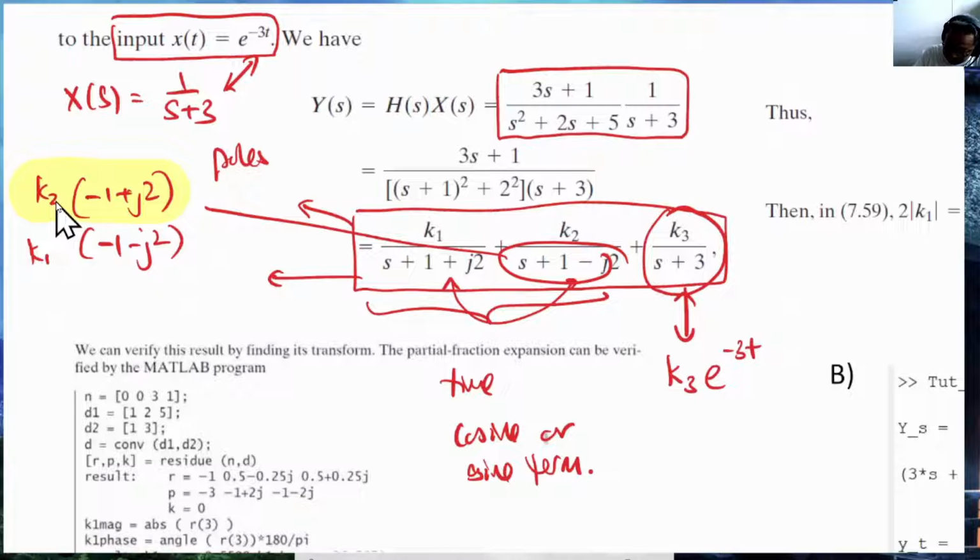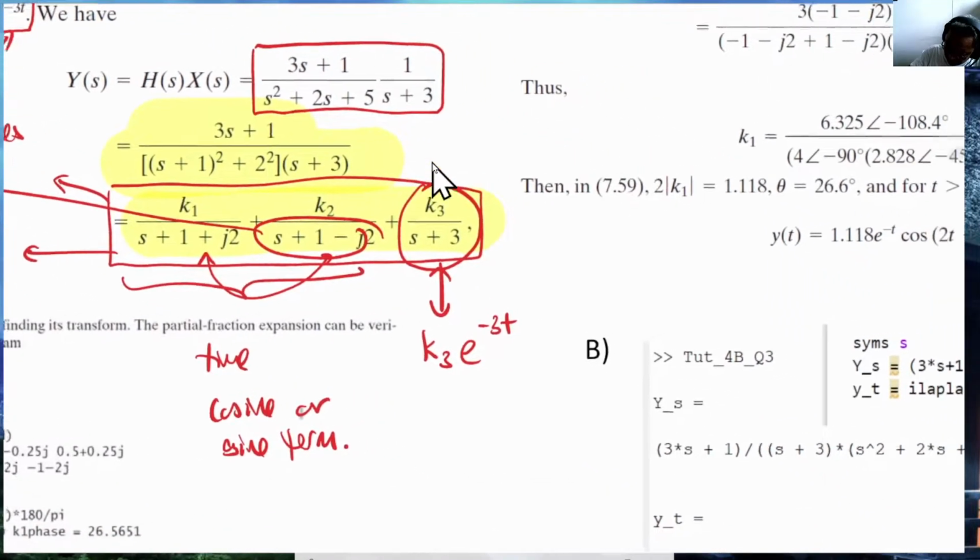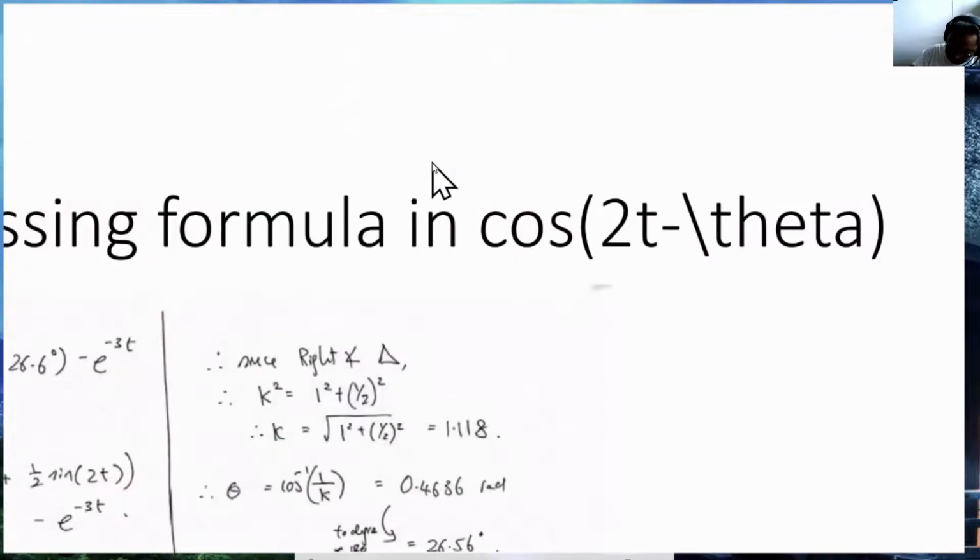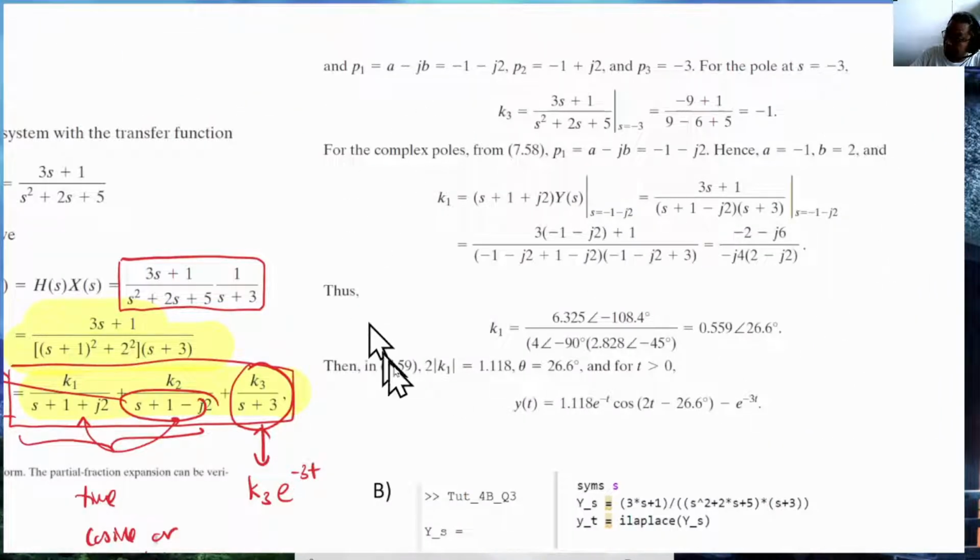Alright. Let's assume that you can do the partial fraction expansion from here to here. This is highly mechanical, and these computations are expressed here.